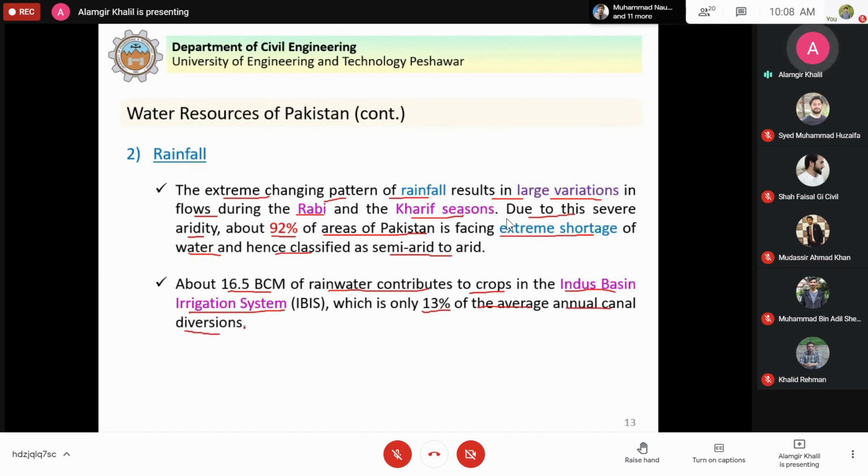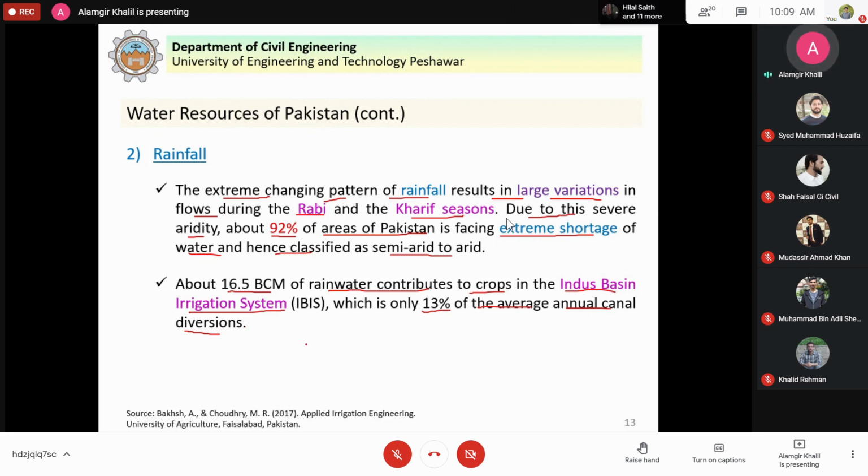It means that of the water which we are diverting from the rivers for agriculture purposes, the rainfall contribution is only 13% of that. So it means that for the crops which need water for growth, the rainwater only contributes 13% of the water that we supply through irrigation, artificial application of water to crops for full-fledged growth.